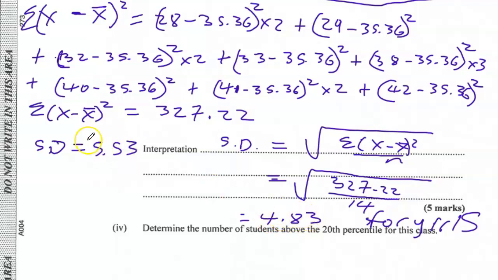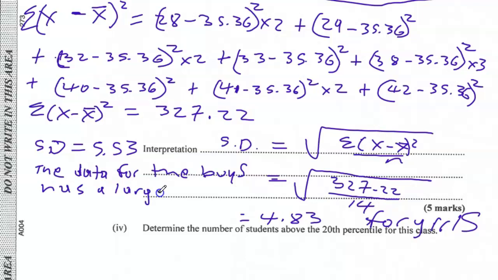So which would simply mean that the data for the boys has a larger spread.